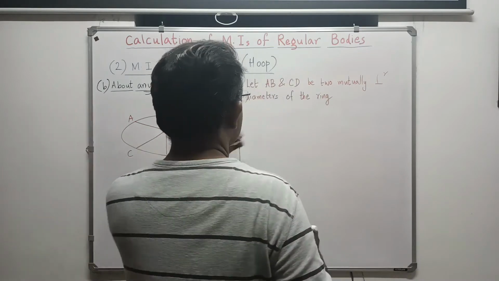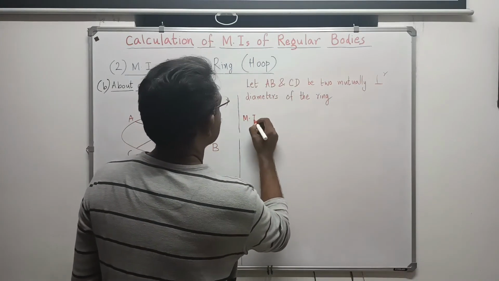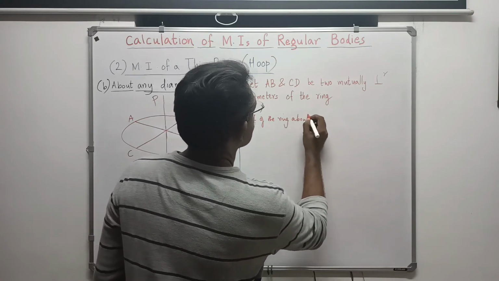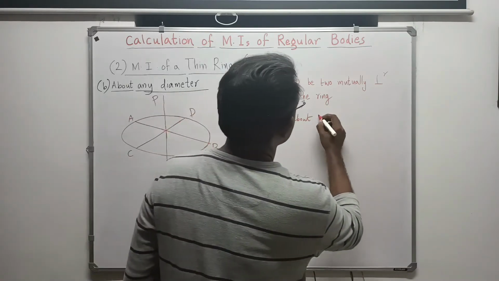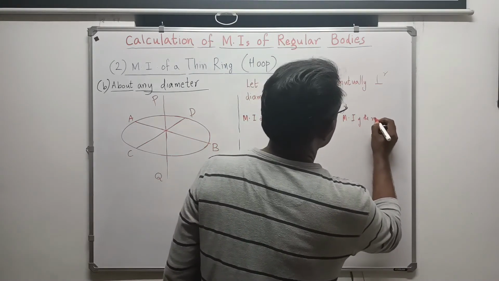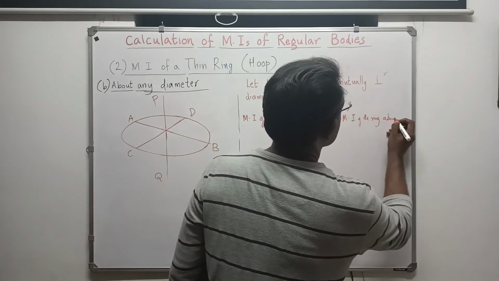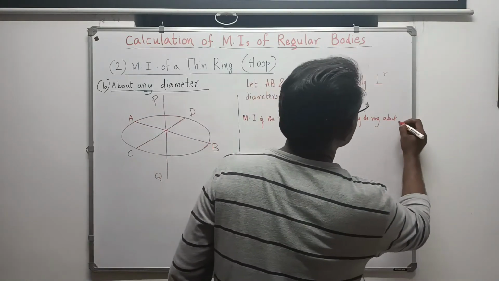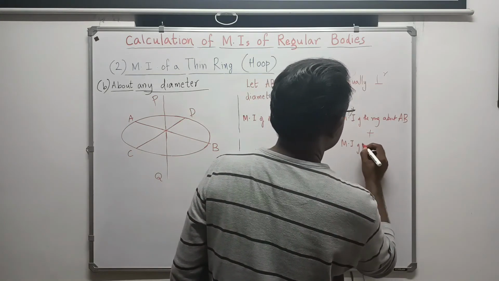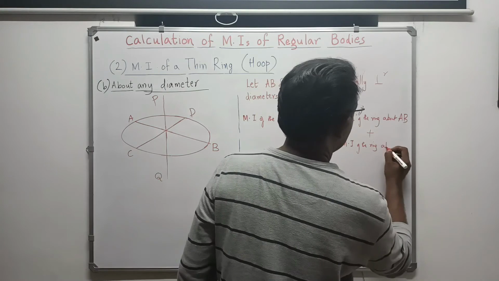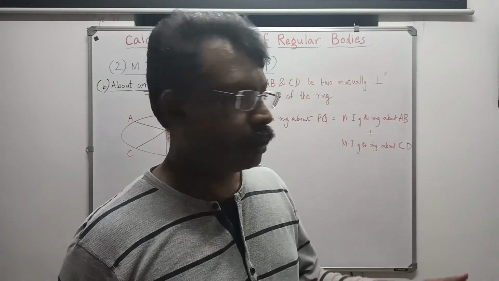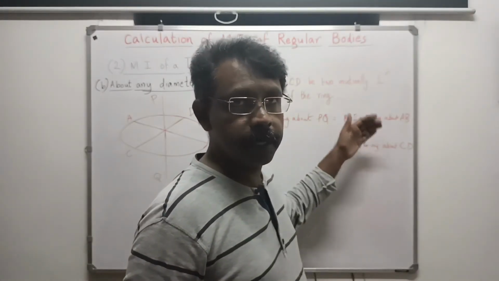So we will first write here: MI of the ring about PQ is equal to MI of the ring about AB plus MI of the ring about CD. Okay, so this is what is implied in the perpendicular axis theorem.